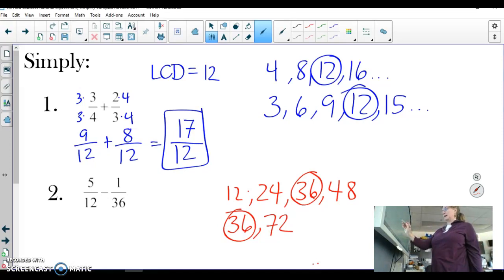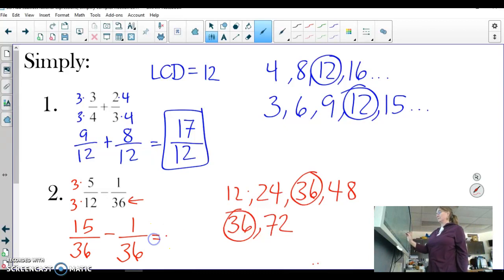So that's going to be my denominator. This one's already got 36 for the denominator. But this over here has a 12, so I have to multiply by 3 on the top and on the bottom to make it into a denominator of 36. And then we're subtracting for this one. My denominator will be that least common denominator of 36.